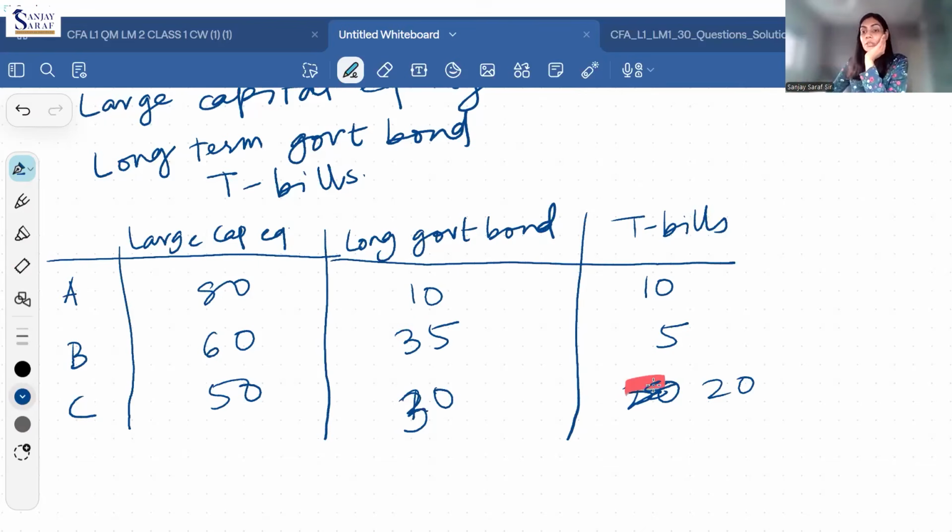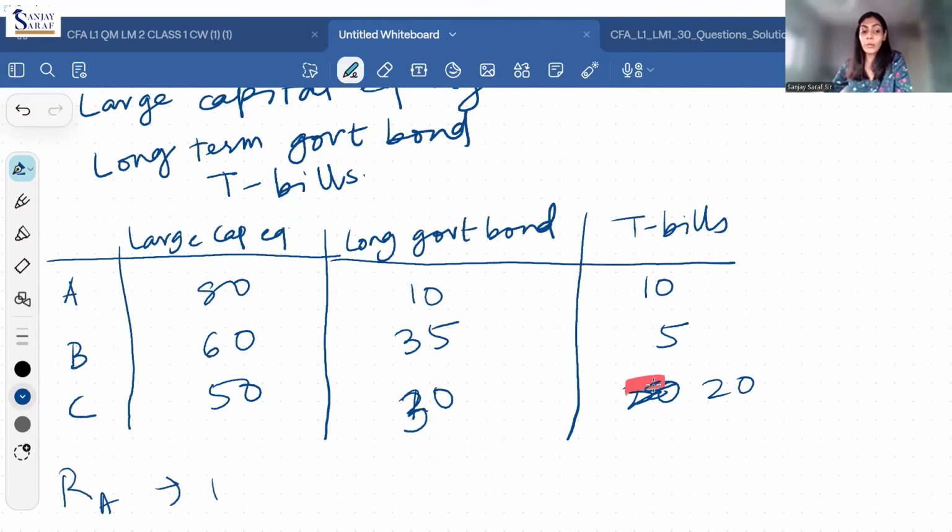Now, if suppose हमने दे दिया इनका individual proportion of each security in the portfolio, say every large cap has given us some return, long-term government bond का कुछ return है, T-bills का कुछ return है, so I hope all of you are okay calculating the return for an individual investor.